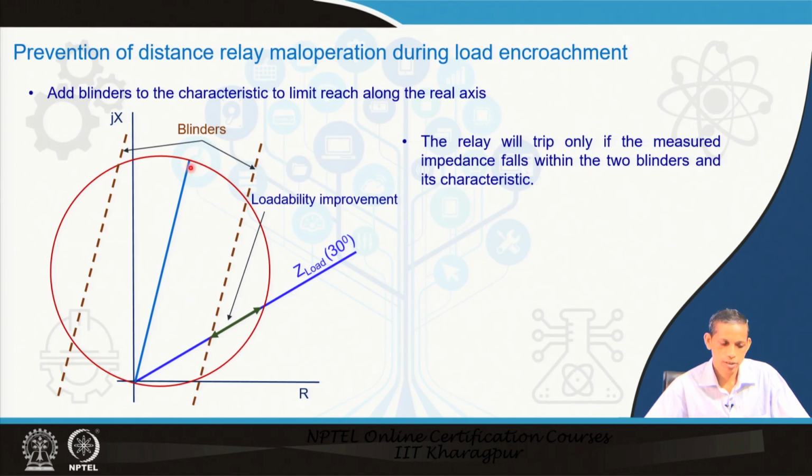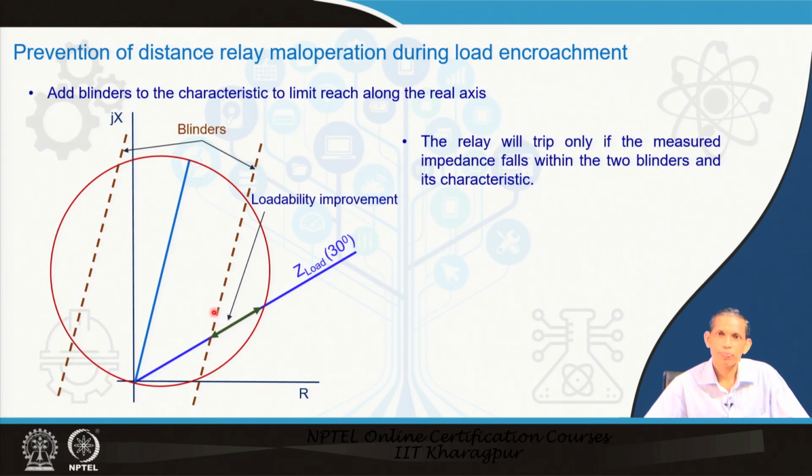So, even if the load comes to this portion, the relay will not trip, because it is beyond the blinder, even though it is inside the mho characteristic.